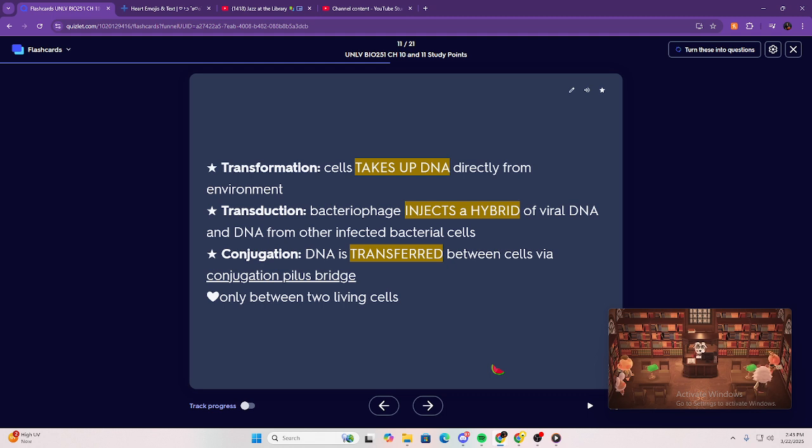So you need to know it injects. Conjugation, DNA is transferred between cells via the conjugation pilus bridge, which I mentioned earlier. This form of gene transfer is only between 2 living cells. So transformation takes up DNA. Transduction injects a hybrid. Conjugation is transferred.